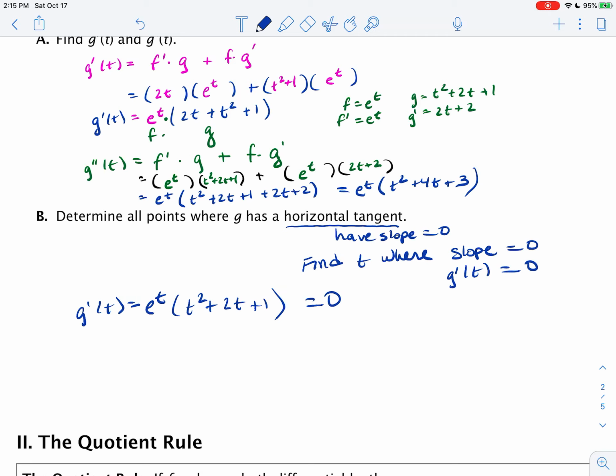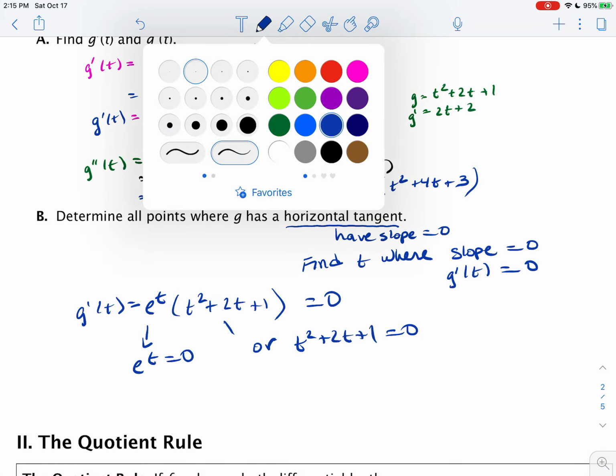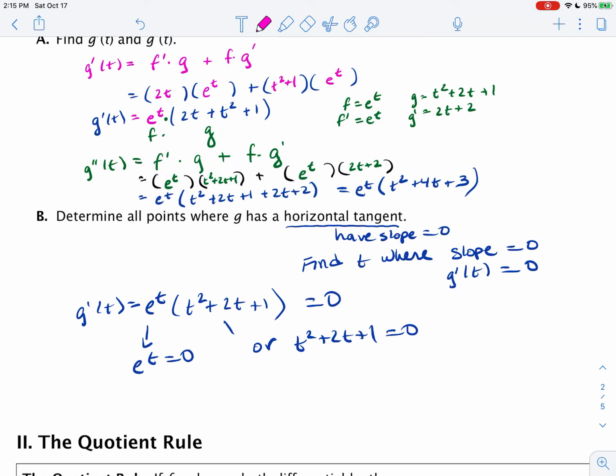If a times b is equal to 0, then a is 0 or b is 0. So this will happen when e to the t is equal to 0, or when t squared plus 2t plus 1 is equal to 0. The e to the t is an exponential function. This happens never. So that's never equal to 0, so we won't find a solution on that side.